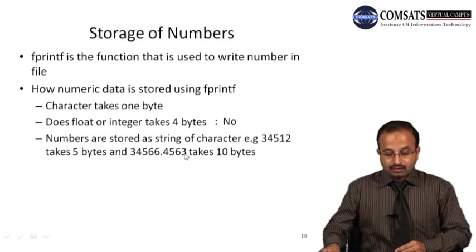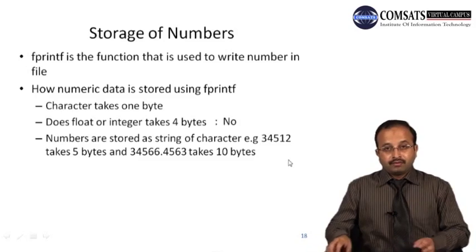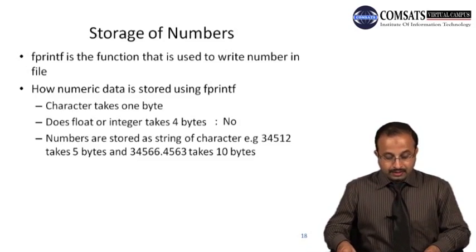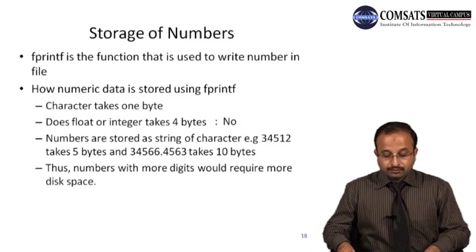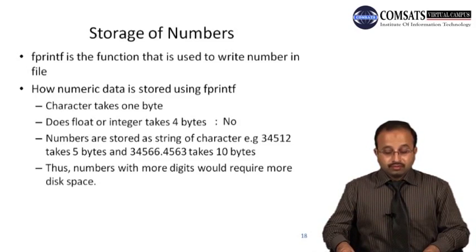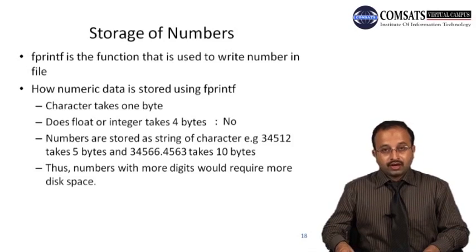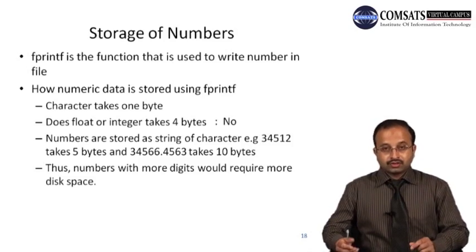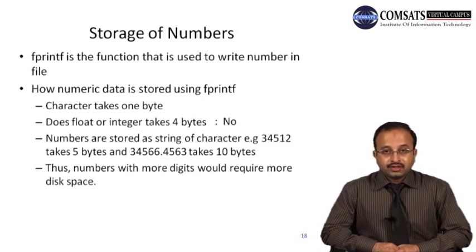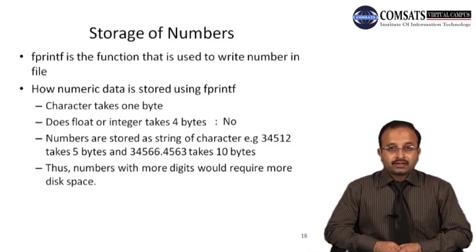So that means it takes 1, 2, 3, 4, 5, 6, 7, 8, 9, 10 bytes of hard disk, right? So the conclusion we can say is that a number with more digits would require more hard disk space. So if the number consists of 4 digits, it only acquires 4 bytes.